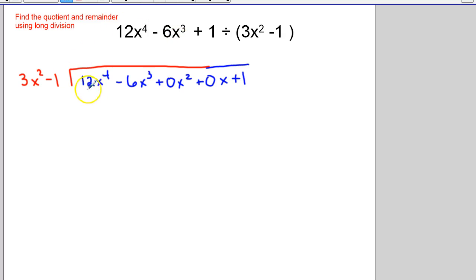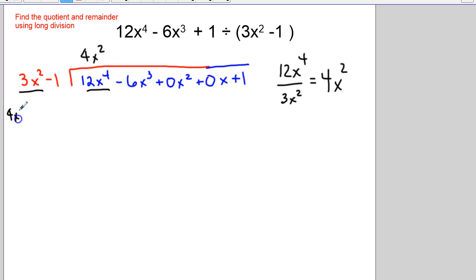Okay, so I look at 12x to the 4th and 3x squared. And my side work shows 12x to the 4th divided by 3x squared. 12 divided by 3 is the number 4. x to the 4th divided by x squared is x squared. So up here is 4x squared.